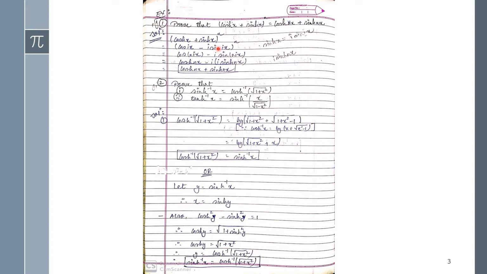Now again using one more relation between circular and hyperbolic functions. So cos nix, it means we are now converting circular to hyperbolic function.